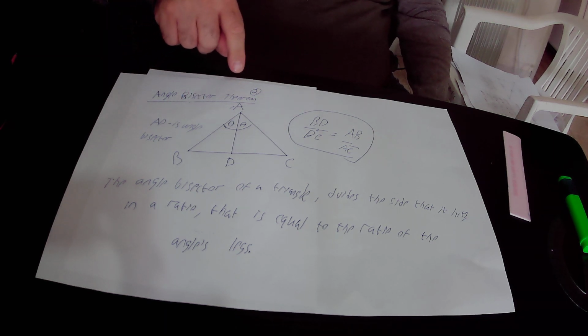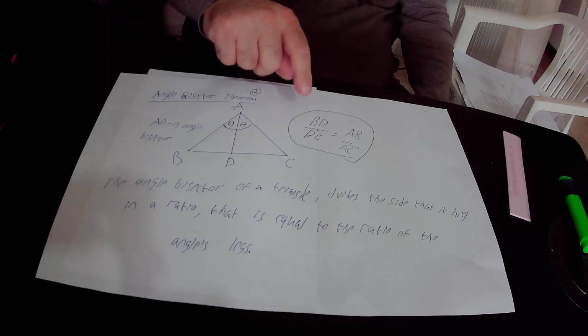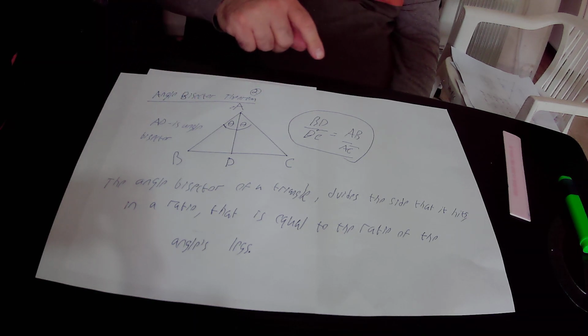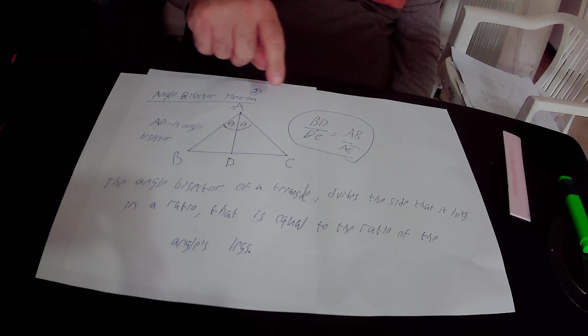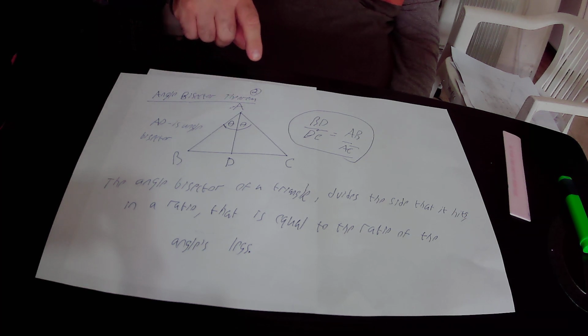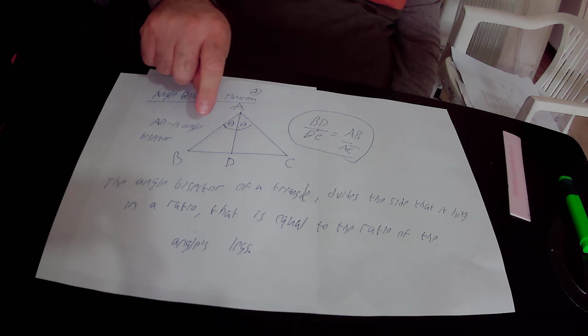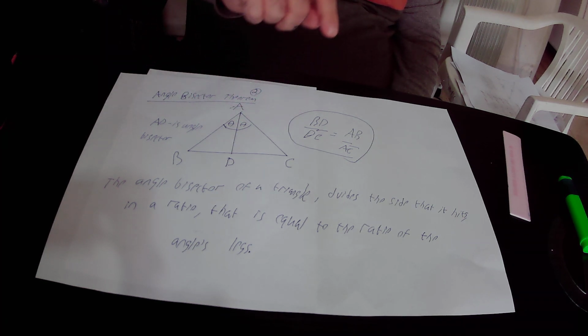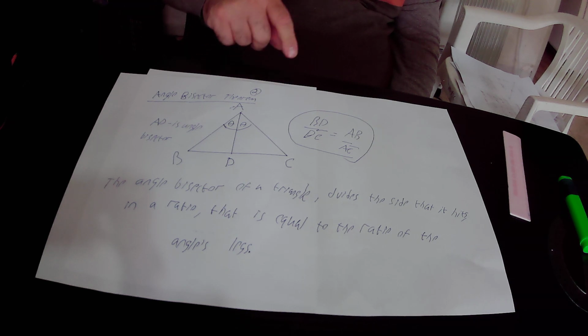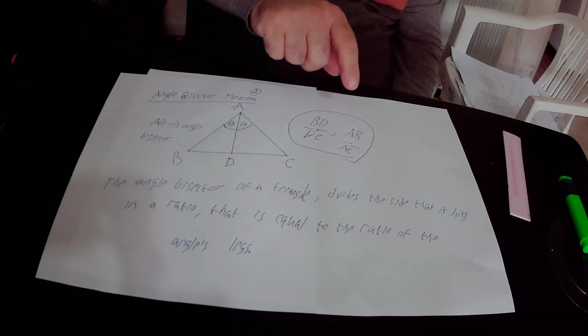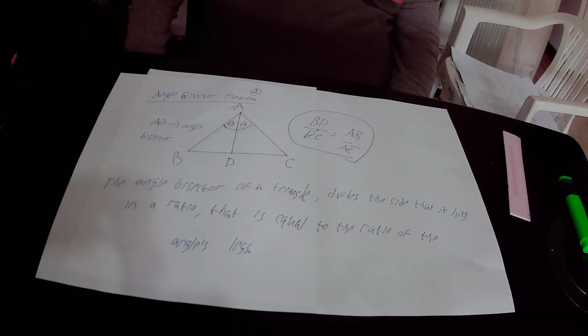And the ratio between the angle legs is AB over AC. That is to say, BD over DC equals AB over AC.